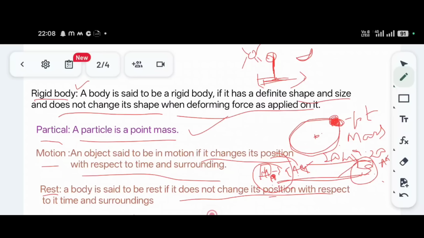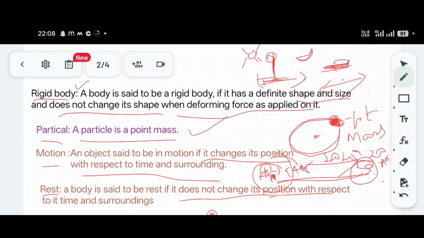When you are sleeping on the bed, you are at rest, your body is not moving. Even though the time is changing, the surrounding is not changing, so you are at rest.